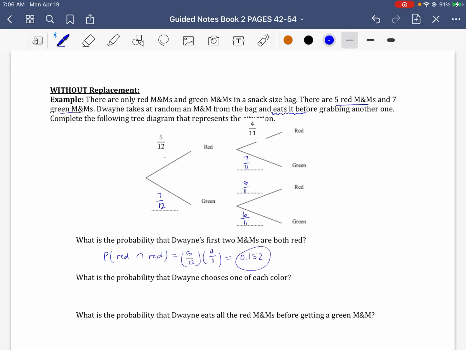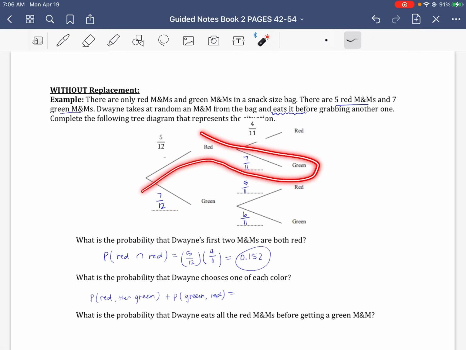What is the probability Dwayne chooses one of each color? So again, this one kind of has 2 different ones. It could be red and then green. Or, and remember when we say or, it's a new branch, it could be green and then red. So red and then green, that would be here to here.